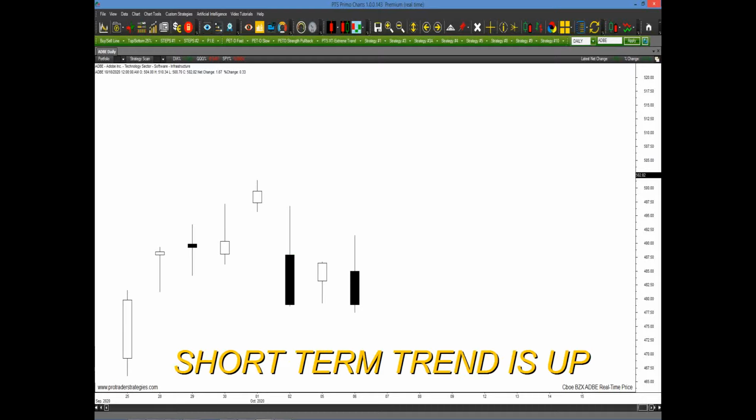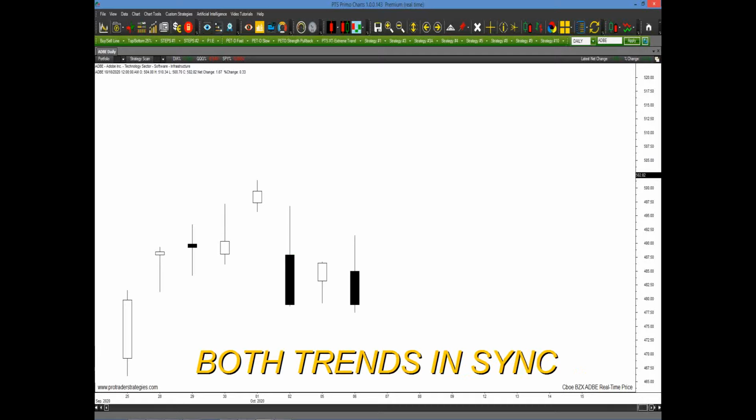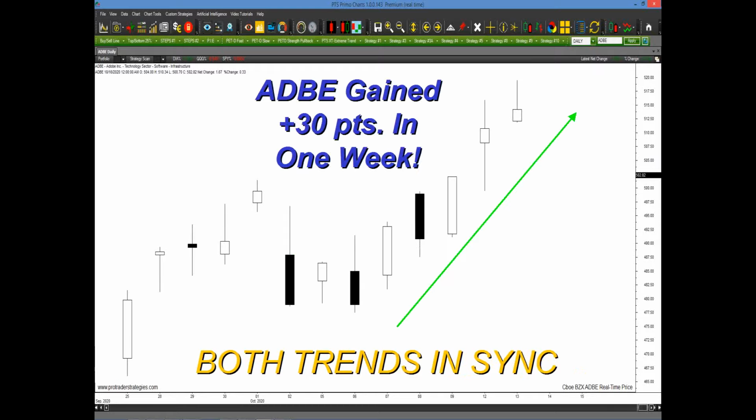So with these two different requirements, you would have actually seen that both trends were in sync, and you should have been looking for a buying opportunity, which actually presented itself right here, because as we see later on, the stock went up 30 points in the next week. So this is a really simple but powerful way to determine the overall as well as the short-term trend.